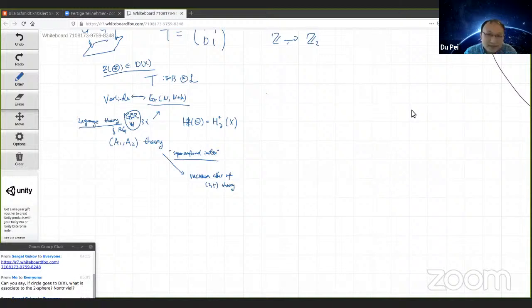How do we do it? How to do this computation, or at least how to start?